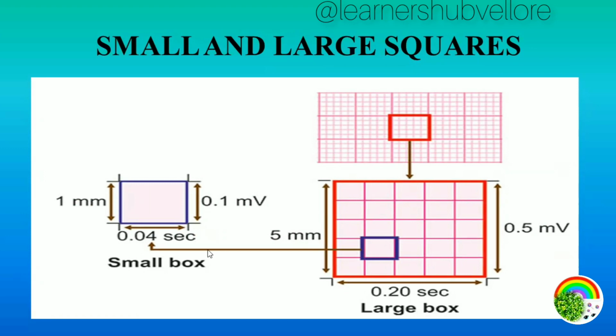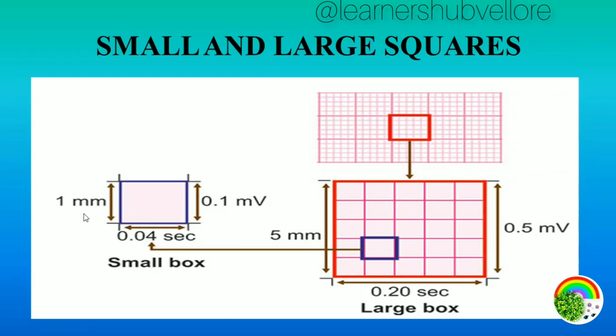In one small box, it is 0.04 seconds. Then in a large box, 0.04 into how many small boxes are there here? 1, 2, 3, 4, 5. 0.04 into 5, if we multiply, we get 0.20. So 5 small squares are 0.20 seconds. The same applies here.